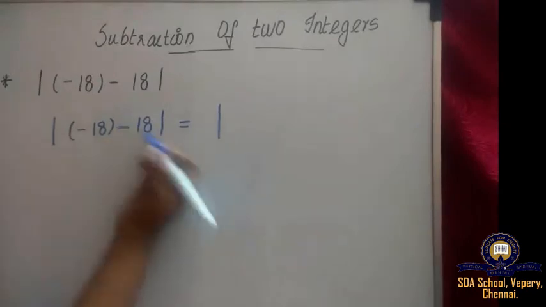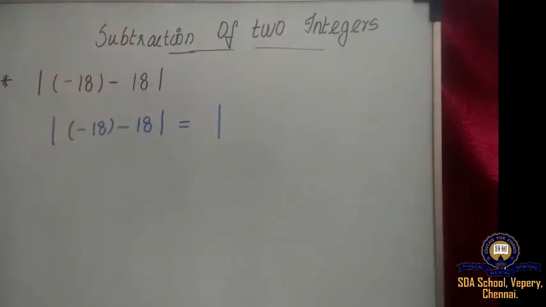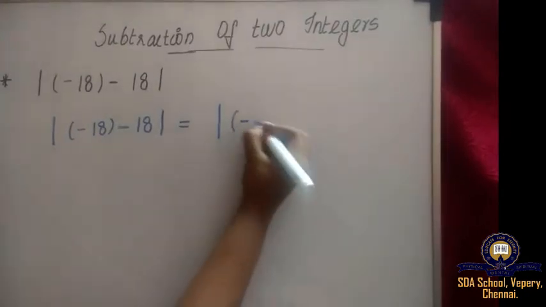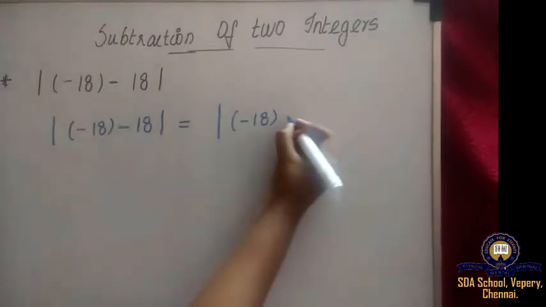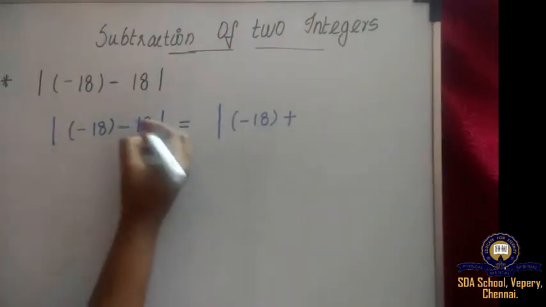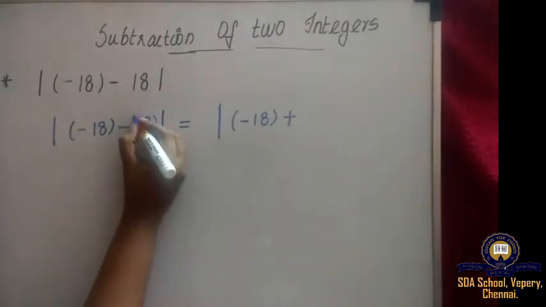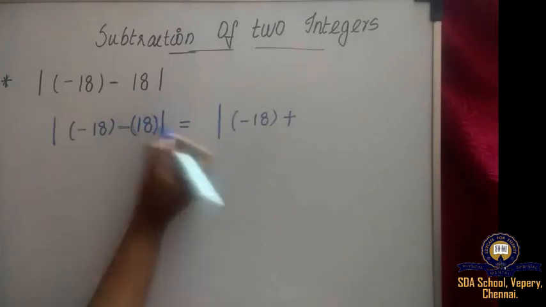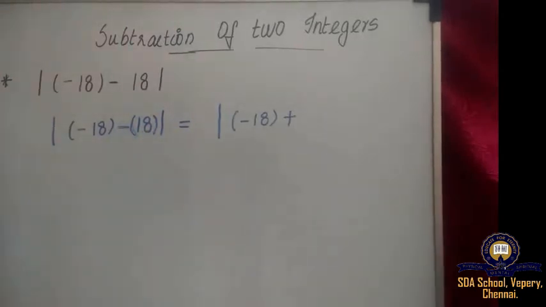Here it is subtraction. So first we will change the subtraction problem to addition. So you have to keep the first number as such and then change the sign to addition. And here the second integer is positive. Before 18 we do not have any sign, which means it is positive.